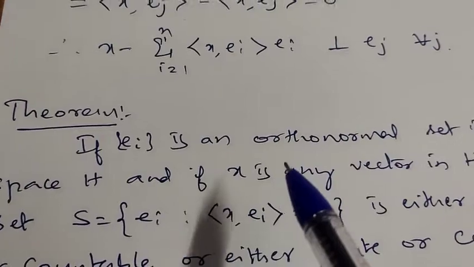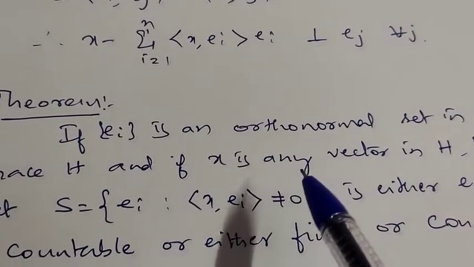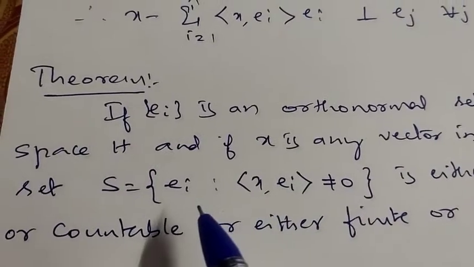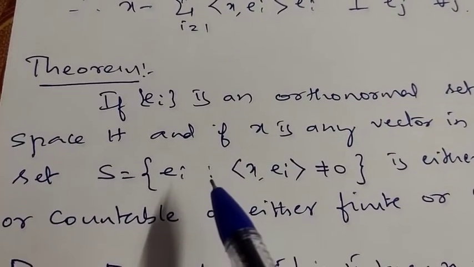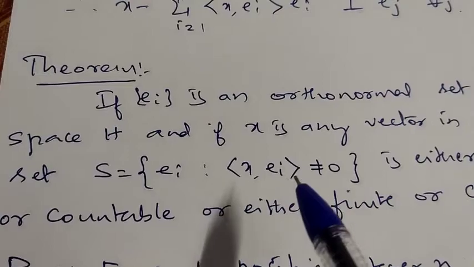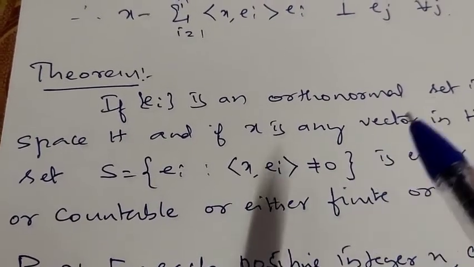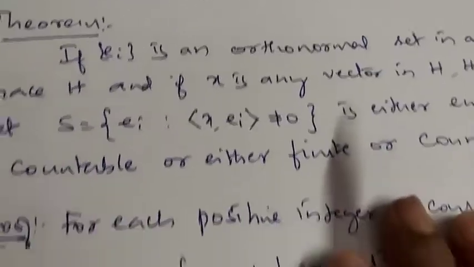So if {e_i} is an orthonormal set in a Hilbert space H and if x is any vector in H, then we need to show that the set of all e_i such that the inner product of x comma e_i is non-zero is either empty or countable, either finite or countably infinite.